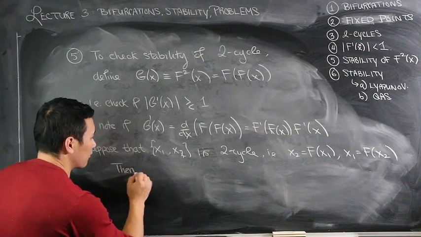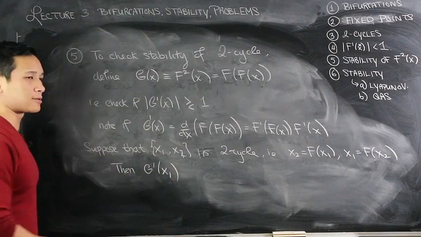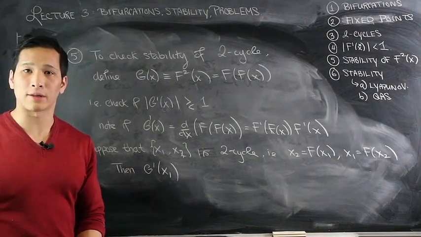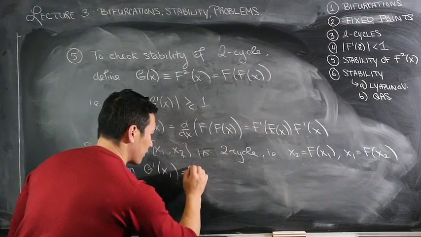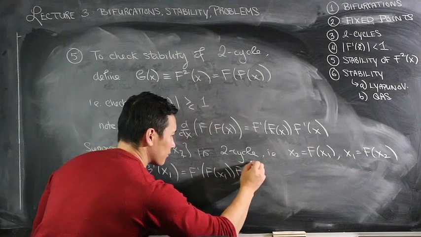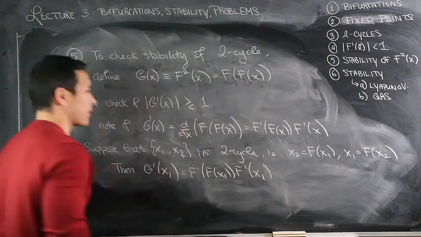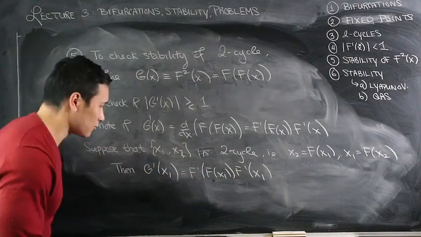Then g prime of x1. Suppose I want to check stability of this g function. I want to check the gradient of that function at x1. This, by this formula, is f prime of f of x1 times f prime of x1. But I know f of x1 is just x2.